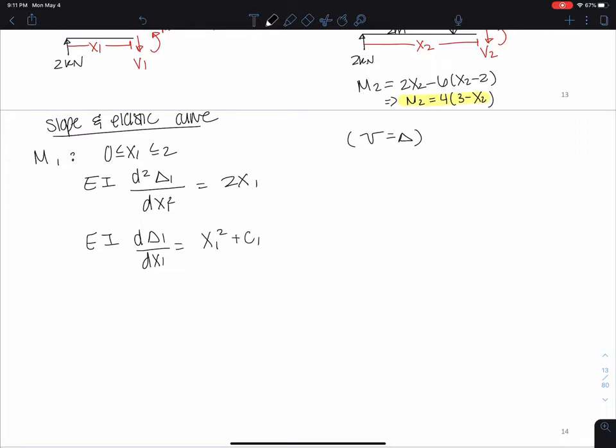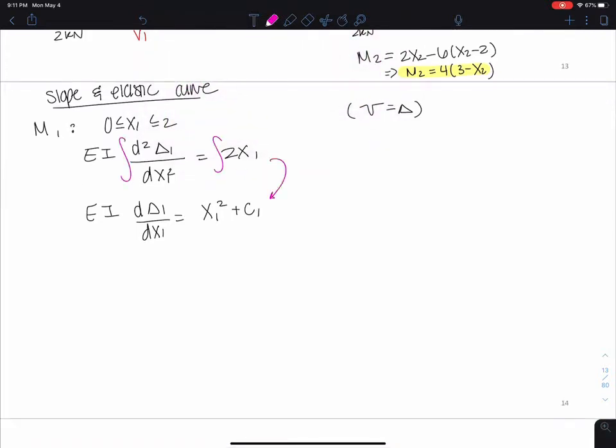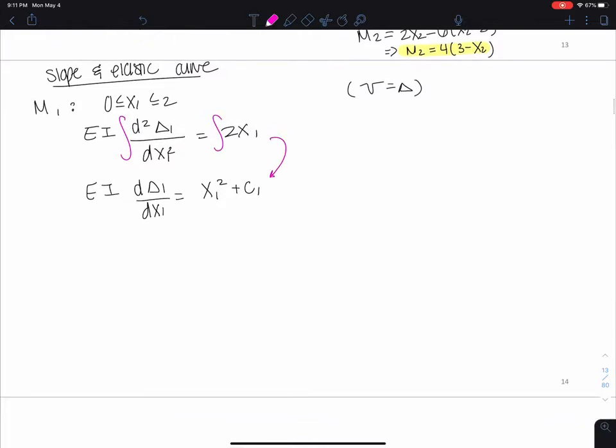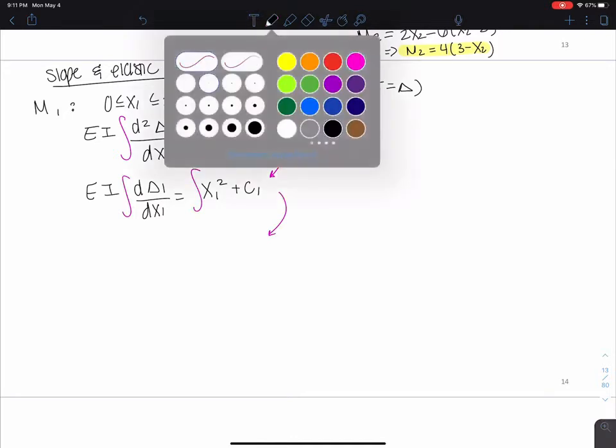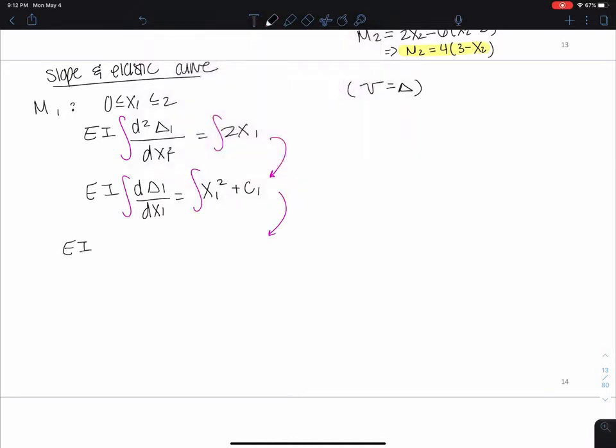So once I take the integral of both of those, I end up getting this. And I can take the integral again to get EI delta 1 equals 1 over 3 x1 cubed plus c1 x1 plus c2.